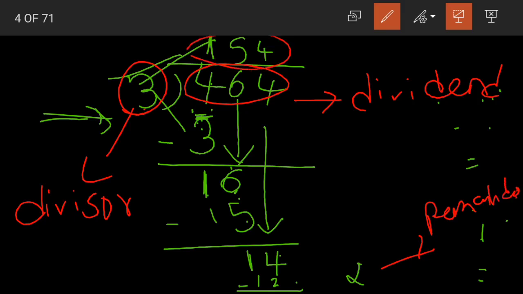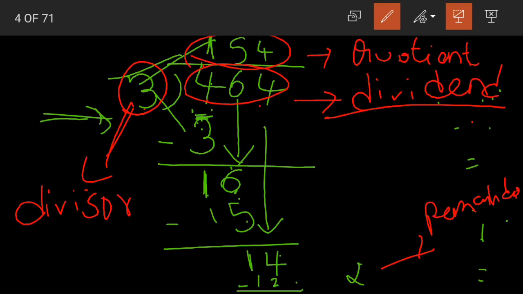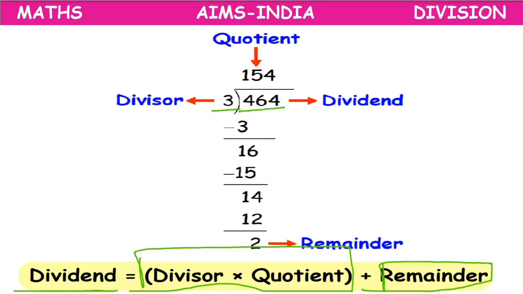And 154, the number written on top, is the quotient. Understood, children? 154 is the quotient, 464 is the dividend, 3 is the divisor, and the last number 2 is our remainder.